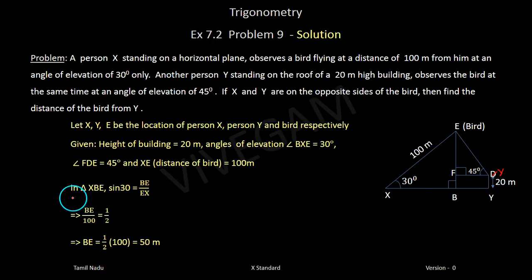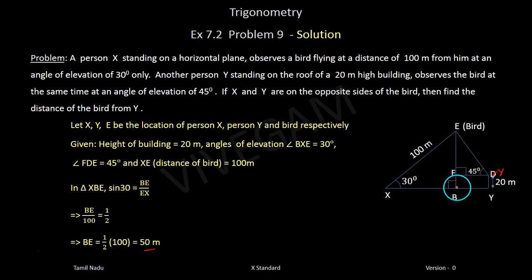Now in XBE, take this triangle. Sine 30 is opposite by hypotenuse, that is BE divided by 100. And what is sine 30? That is half. So BE will be equal to 100 divided by 2, that is 50 meters. So this total height is 50 meters.